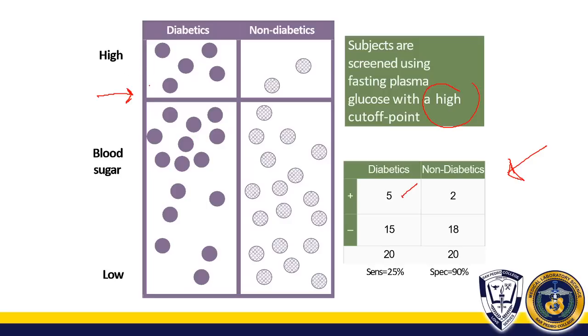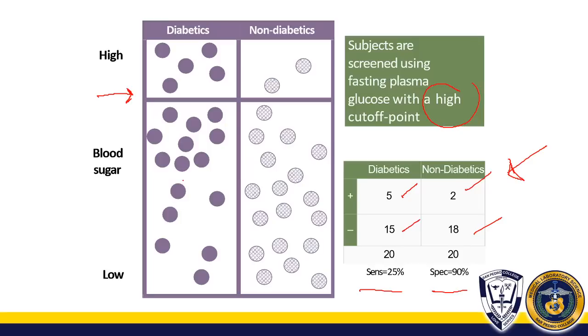And then the non-diabetics who were considered positive despite the high cutoff point, there are 2. And then here, 15 and 18. If we compute the sensitivity and specificity of that high cutoff value, we will have a sensitivity of 25% and specificity of 90%.